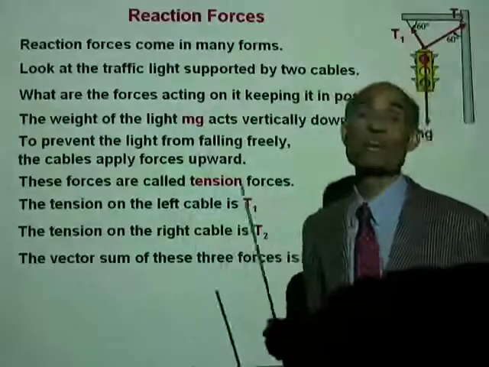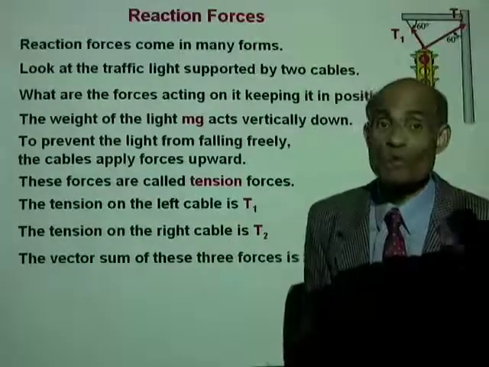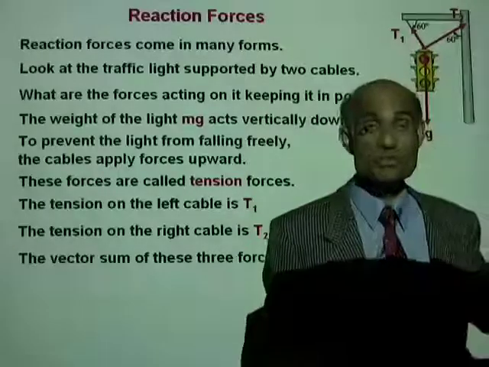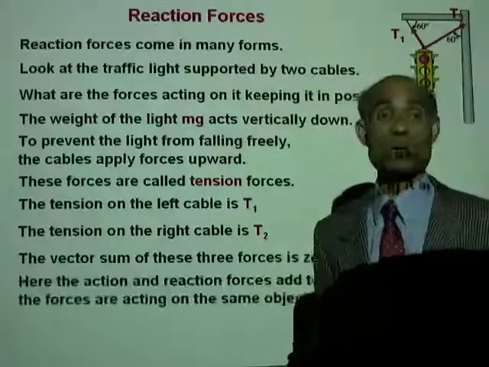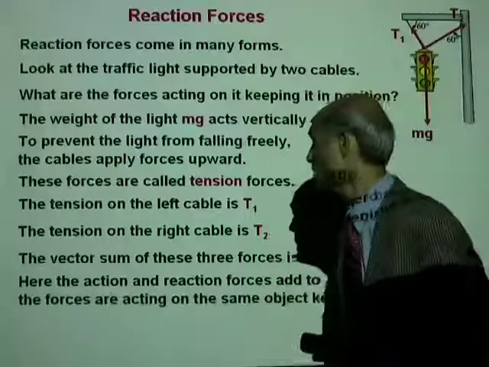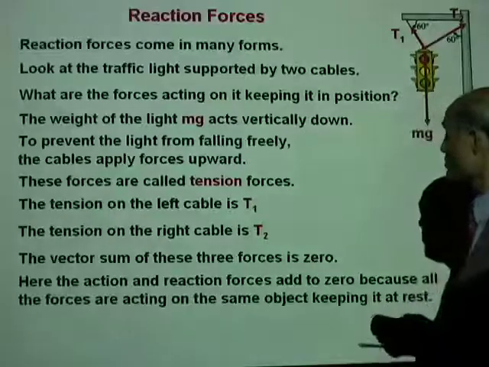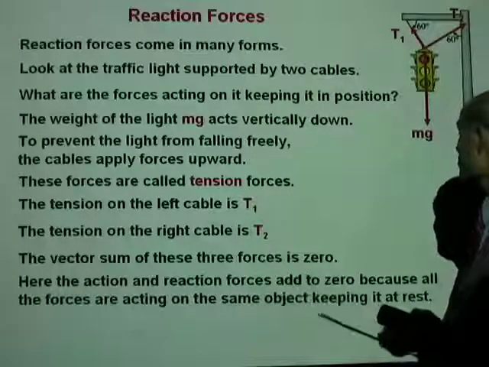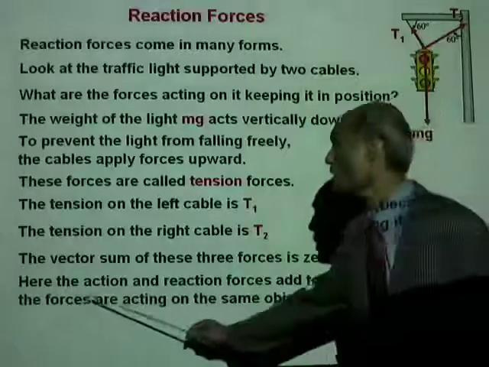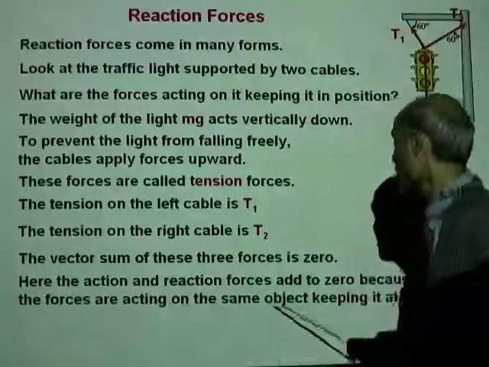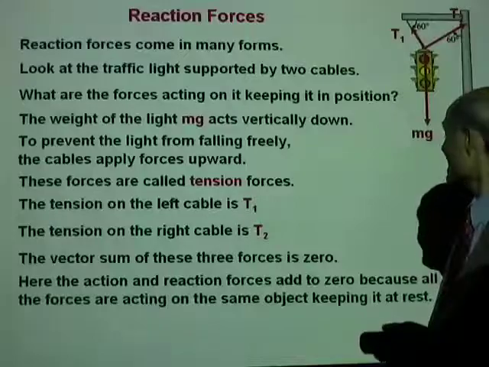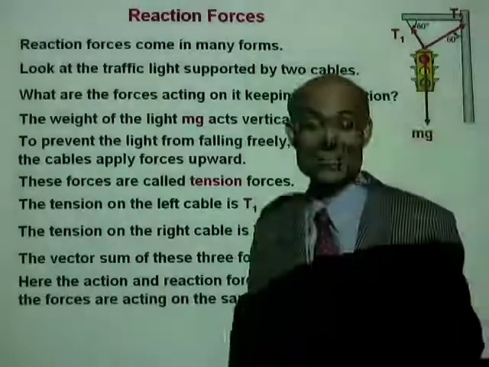You can see here, we will be using the rules for vector addition to do these kind of things in problem solving. Now here, the forces add to give you 0 because they are acting on the same object, keeping it at rest.